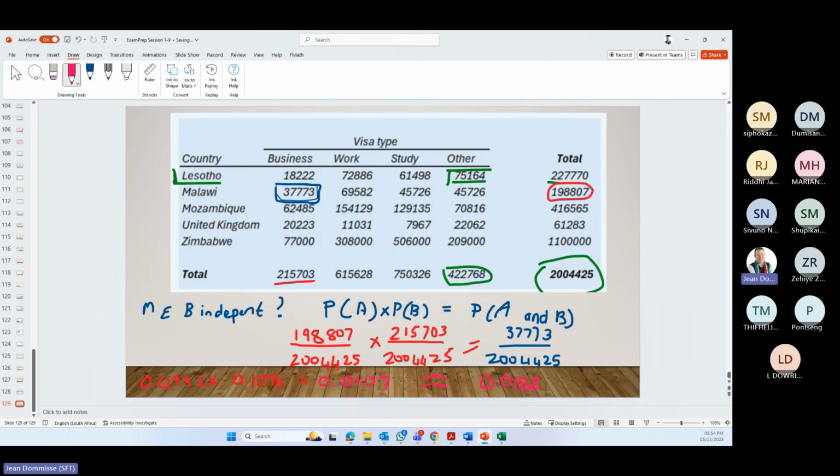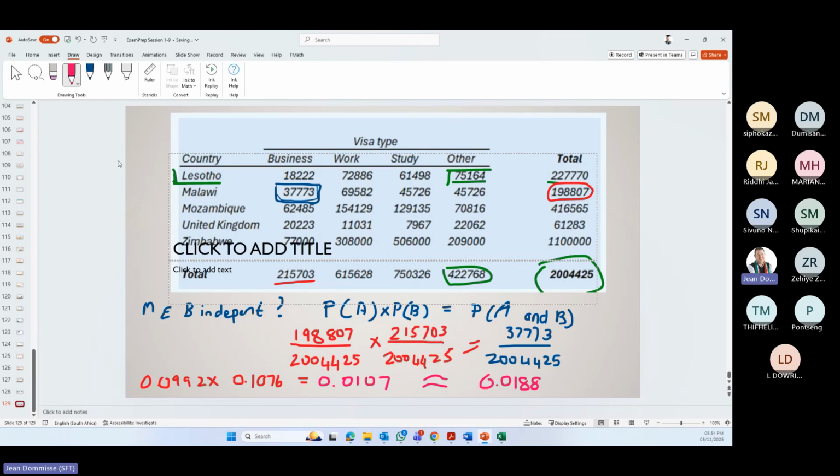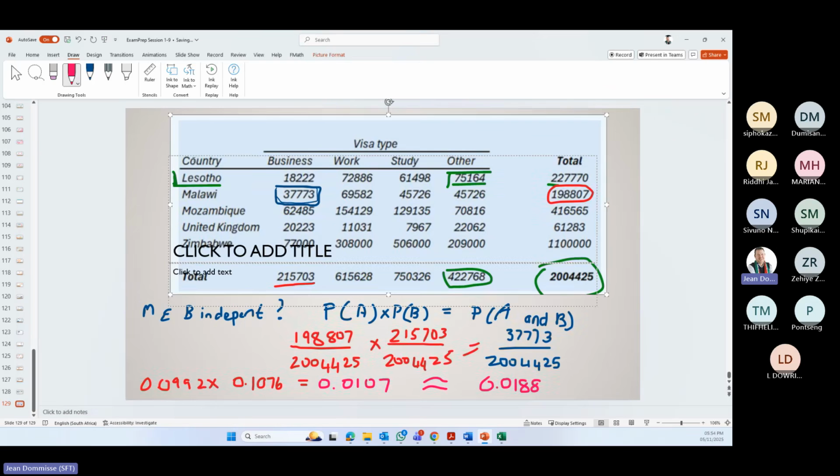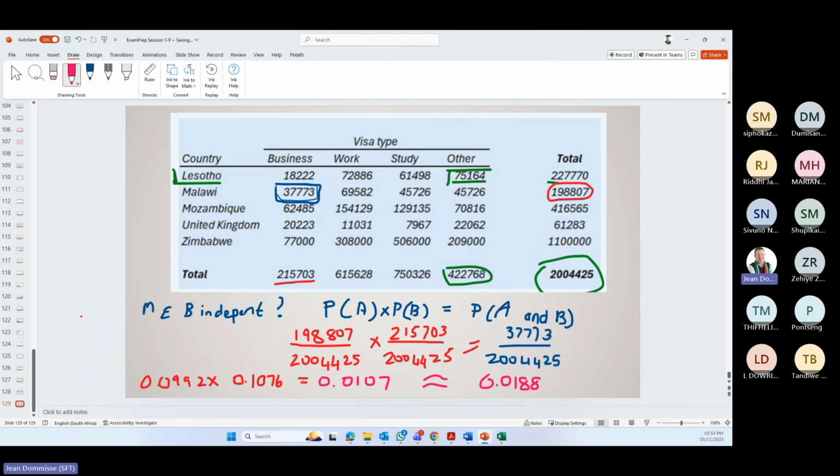So these two are not independent. Okay, so that is how you would have shown the independence or not. On this type of data, this is how you will be able to do that.